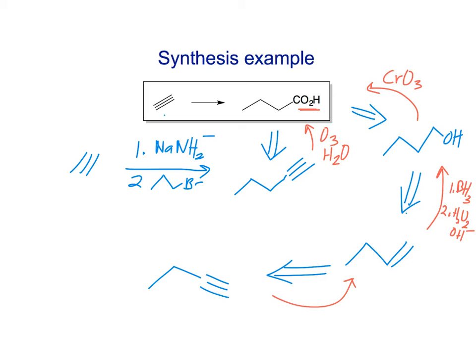There's no stereochemistry that we have to worry about, and so we could use H2 and Lindlar catalyst, or we could do the dissolving metal reduction. Both of these would reduce the alkyne to the alkene. All right, and then I think the last step should be kind of obvious.